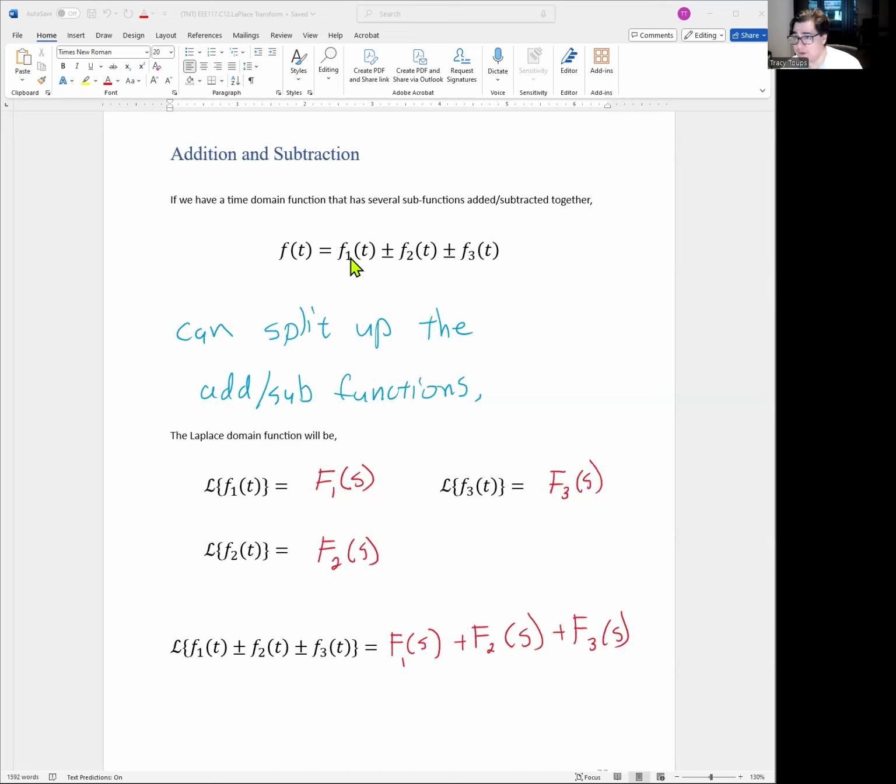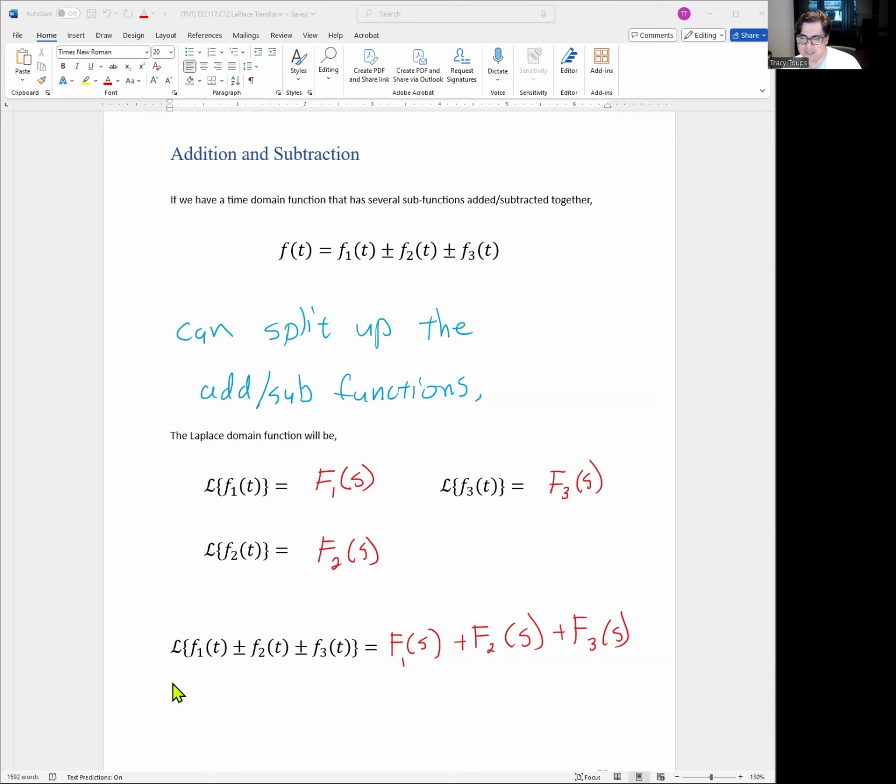If you remember, with integrals, when you have two functions added together inside the integral, you can always split them apart into two separate integrals. So it's as easy as taking each individual function f1, f2, f3 and finding their individual Laplace transforms. The Laplace transform of f1 is capital F1 of s, of f2 of t is capital F2 of s, and of f3 of t is capital F3 of s.